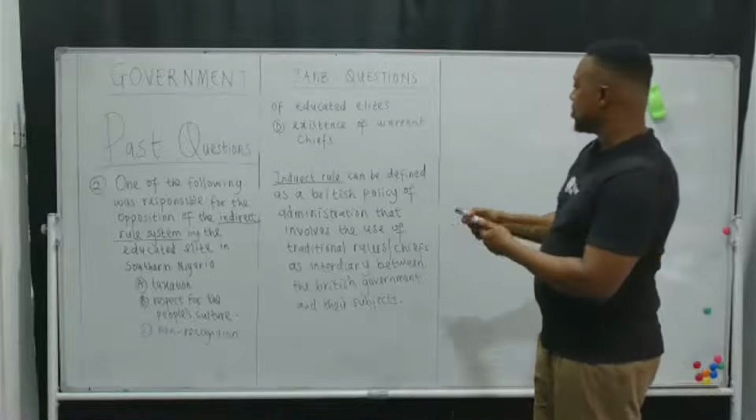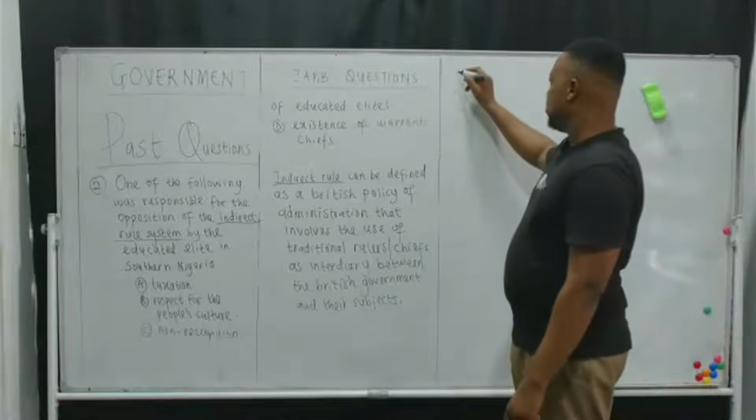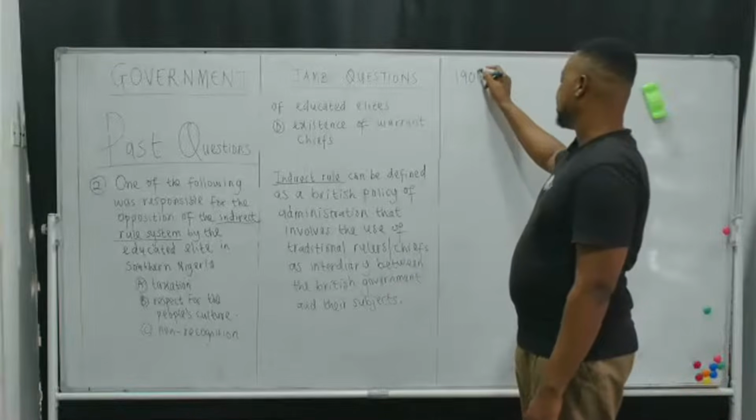The first time indirect rule was introduced into Nigeria was 1900.